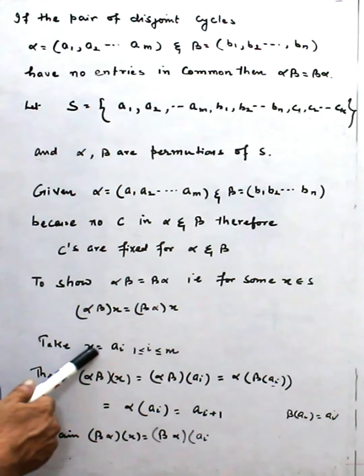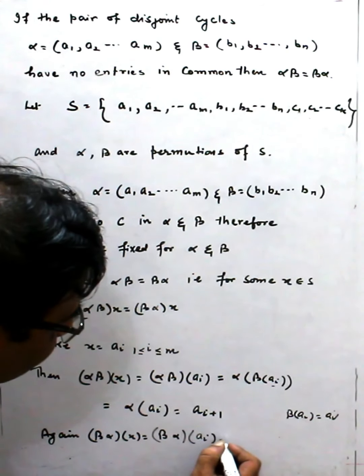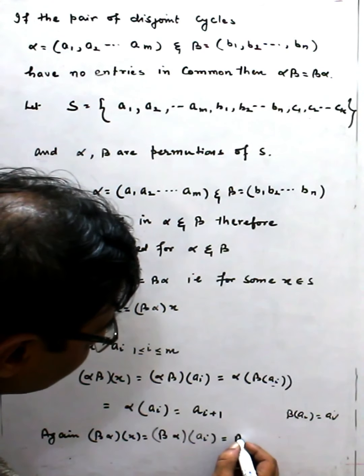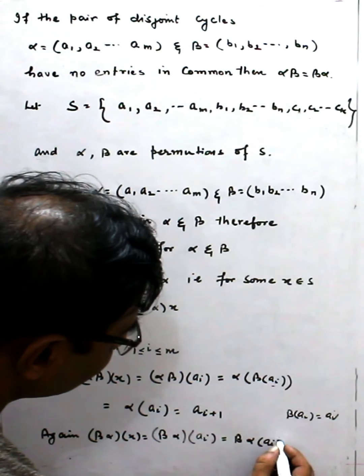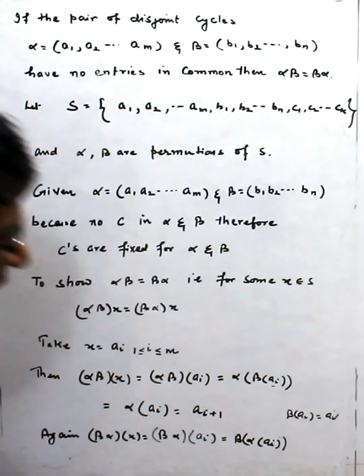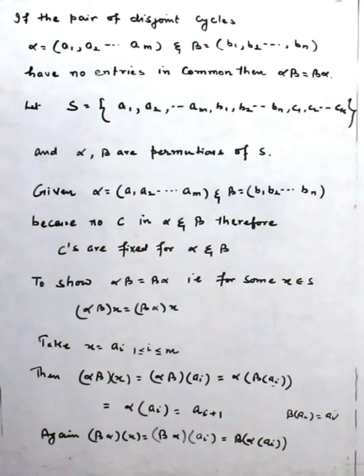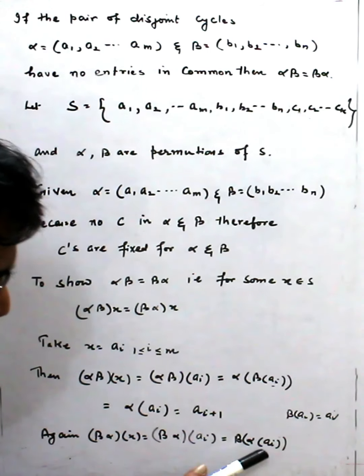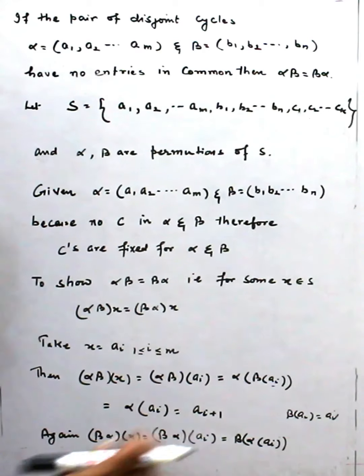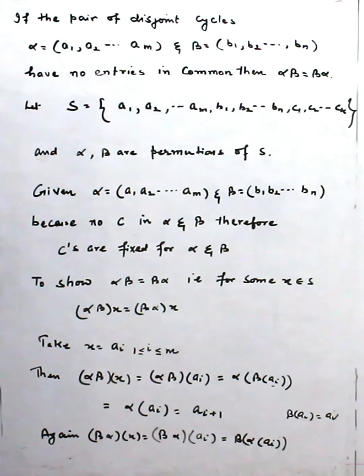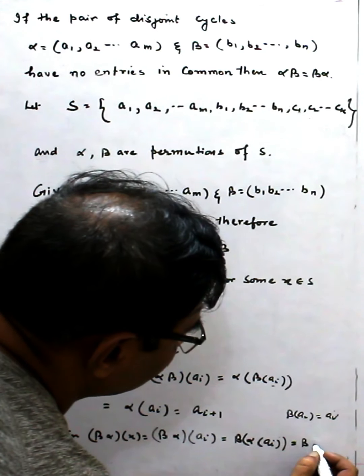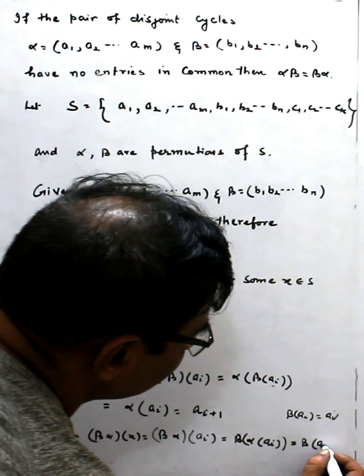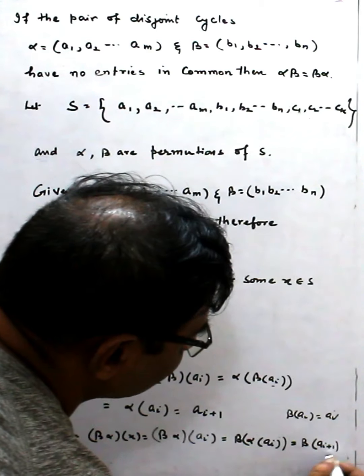Now because x is ai, this becomes beta alpha ai. Now alpha moves ai to the next element, ai plus 1. This becomes beta ai plus 1.